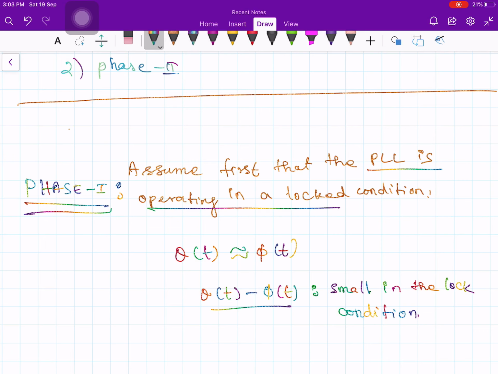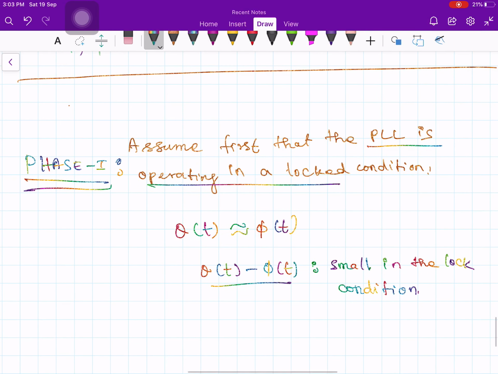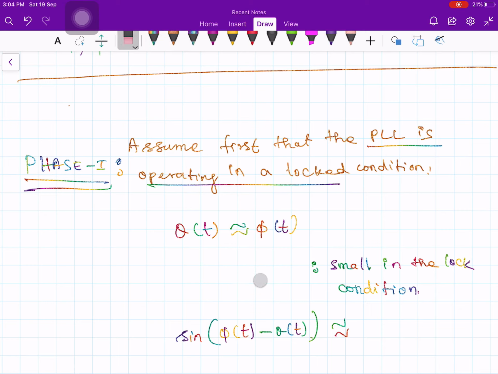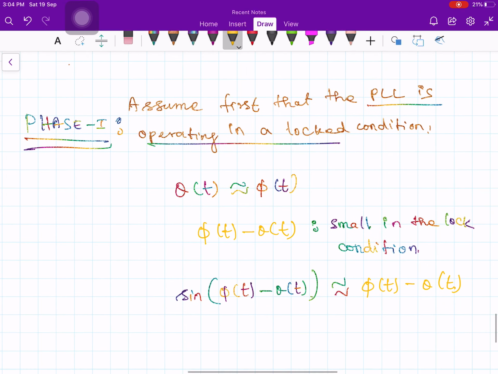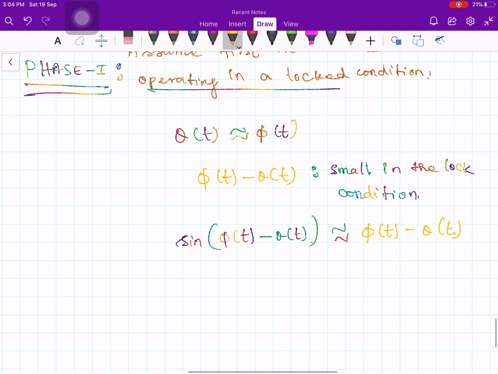And if that is so, we can approximate sine of phi of t minus theta of t as approximately equal to phi of t minus theta of t, assuming that this is small.